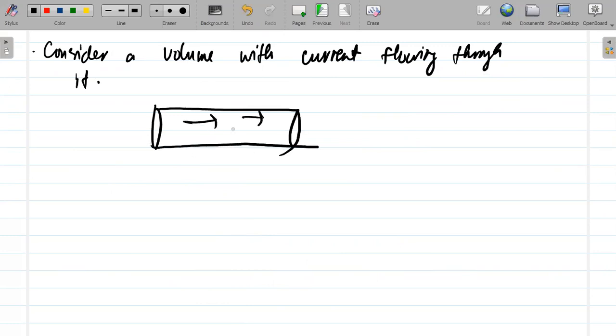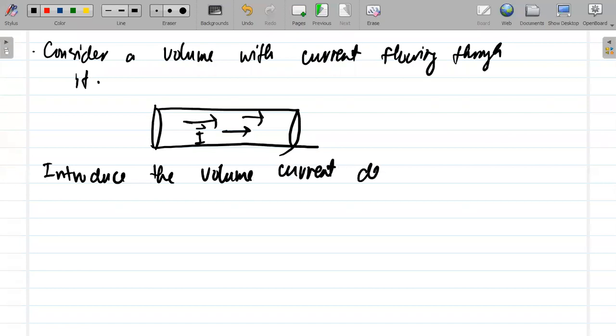So, meron kang I going in that direction. Now class, introduce natin yung current density. So volume current density. We label that as J of x.